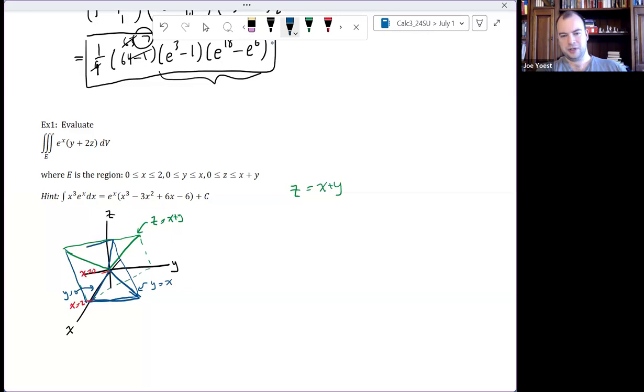So my region of integration, my volume of integration, from this perspective looks like a pyramid where we're looking through the bottom of the pyramid towards the tip. So if you think of a pyramid as having a rectangular base and a point at the top, if you put the point at the origin, lay one of its 4 sides on the xz plane and another of its 4 sides on the xy plane, that's what we're looking at here.